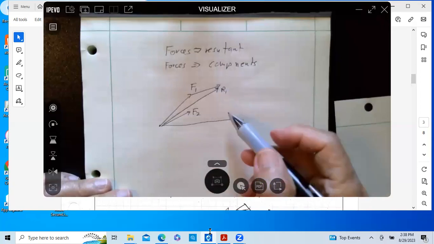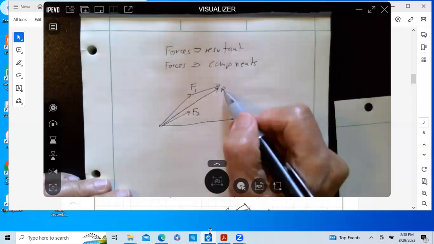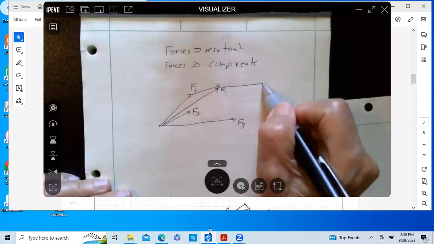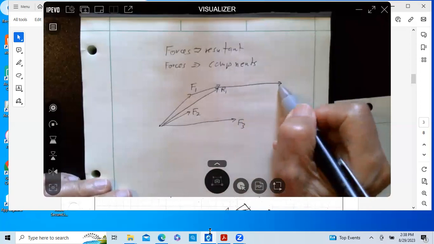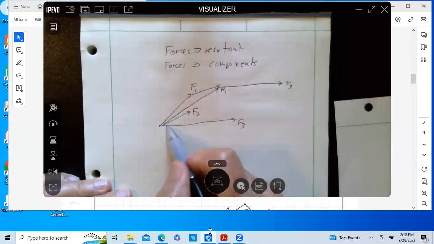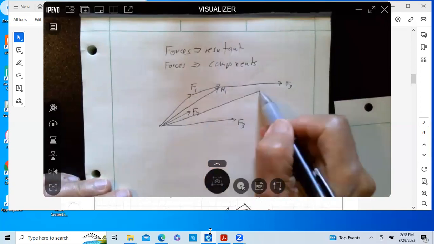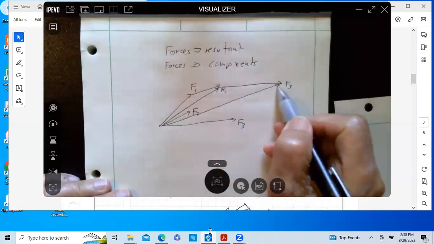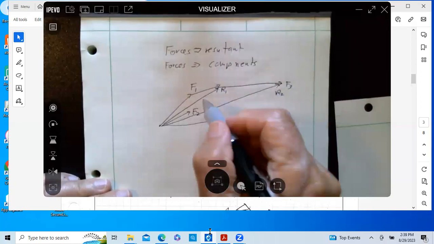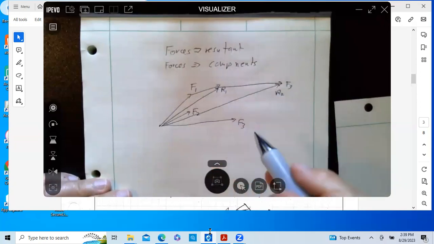Now what I have to do is the same thing again, except add force 3 to this resultant one. So here's force 3. And now I have the second result, which is the total. So this is resultant 2, which is the resultant R1 plus F3.